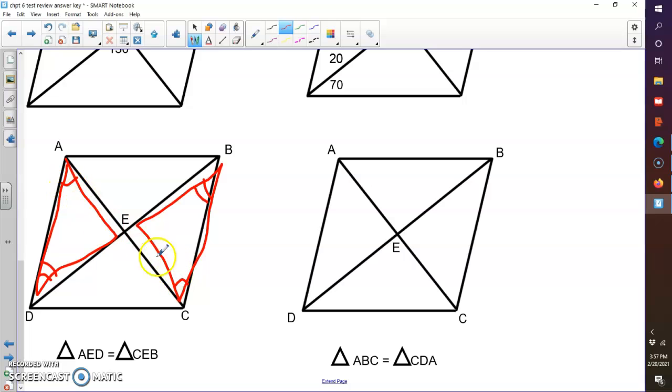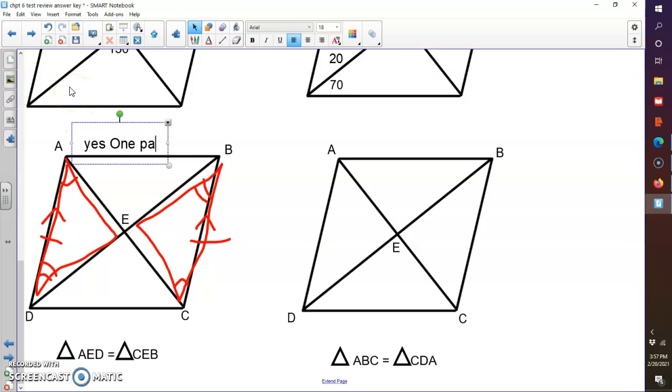We could also say, because these angles right here are congruent, we have a parallel line, and since the triangles are congruent, we have the same parallel lines also congruent. So that's the reason I'm going to give. I'm going to say yes, is one pair of sides are parallel and congruent.